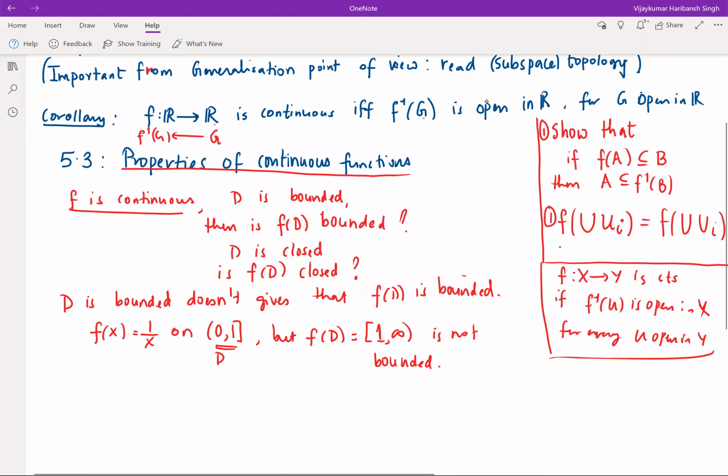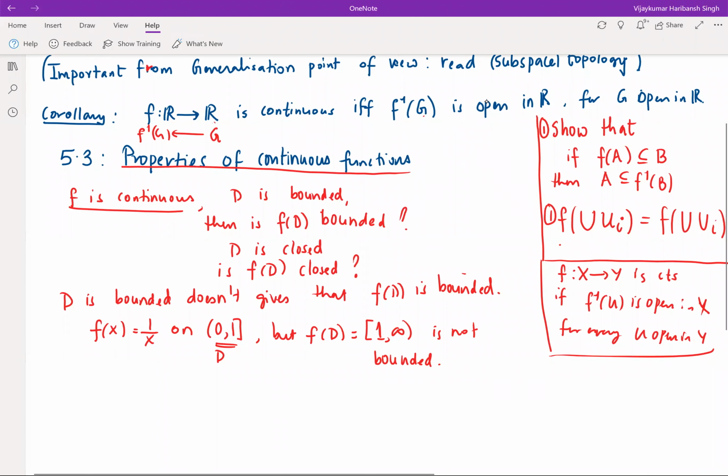So in fact, we can have a definition of a function being bounded. A function f from D to R is called a bounded function if f of D is bounded.